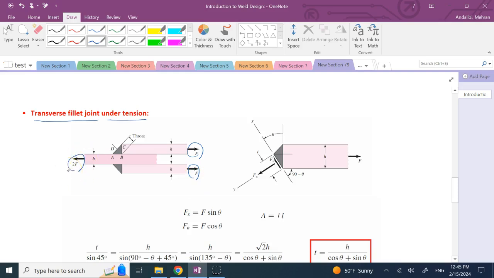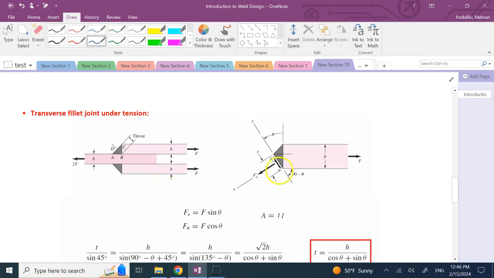In this case, there is no F on this side that you can simply say, hey, I divide this F by this cross section. Okay, so in this case, the stress calculation is a little bit more involved.